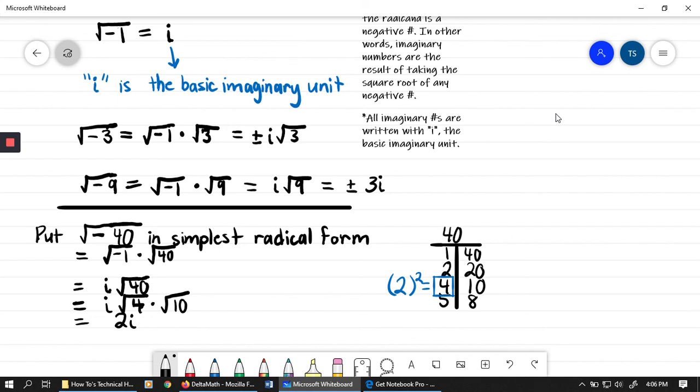This is sort of the same way we did it with the square root of 9, where we put the 3 in front of the I. So it's 2I.